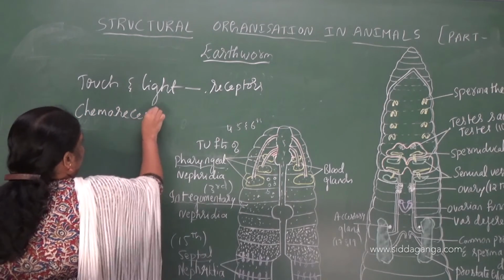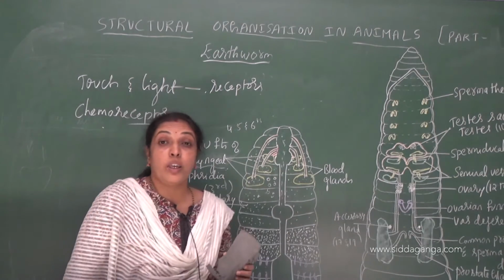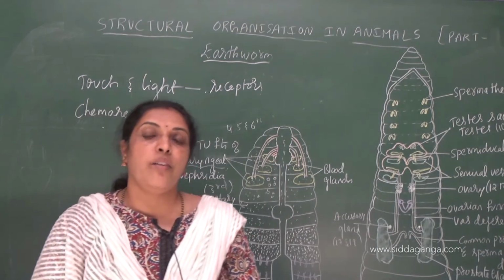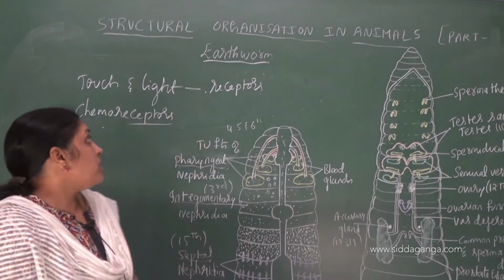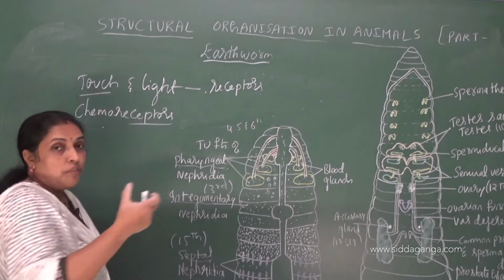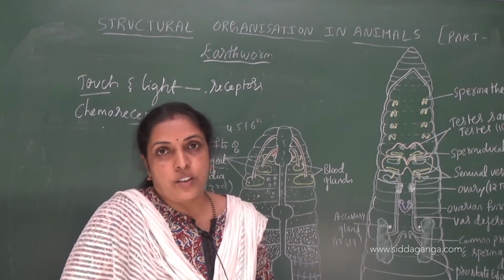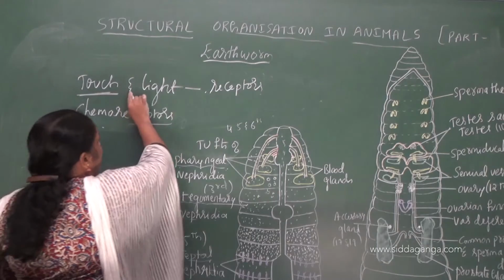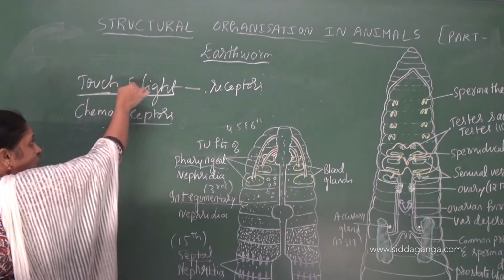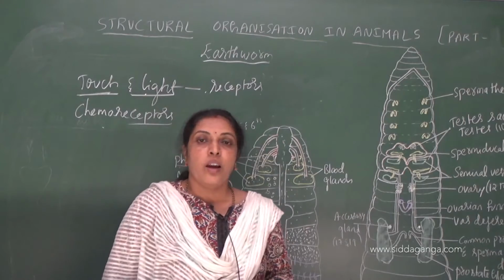That means it can recognize taste with the help of chemoreceptors, and they are very sensitive to light and touch. Due to these touch receptors, they can detect vibrations on the surface of the soil. So earthworm does not contain eyes, but they have touch and light receptors and also chemoreceptors.